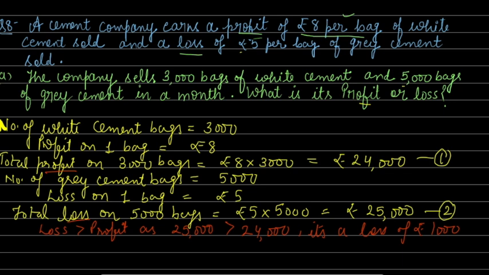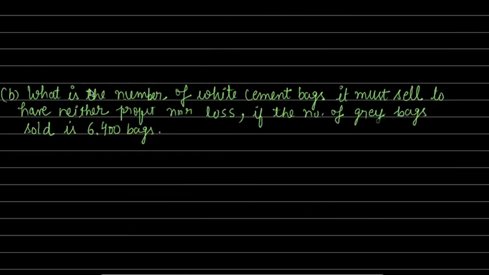Now the second part of this same question is, what is the number of white cement bags it must sell to have neither profit nor loss if the number of grey bags sold is 6,400? So in the previous page, what we have done, white cement bag and grey cement bag, right?